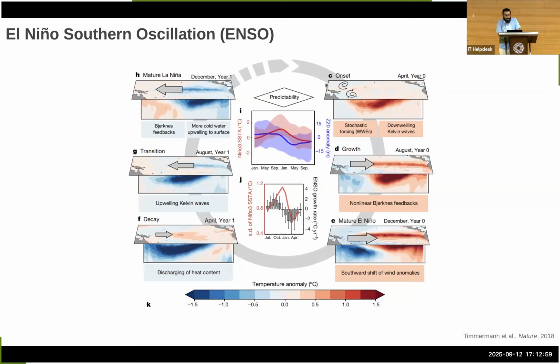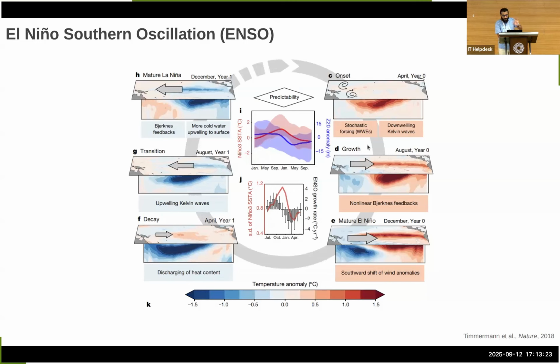So let's start at this subpanel C. That's the onset of an El Nino event, which starts by some abnormally warm temperature. Red essentially means abnormally warm, and blue means abnormally cold. It starts by abnormally warm temperatures gathering up in the subsurface levels in the equatorial Pacific.